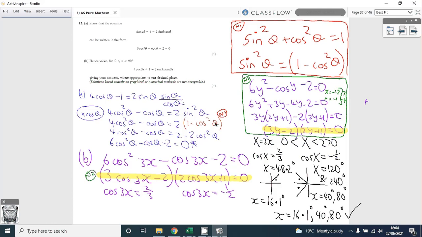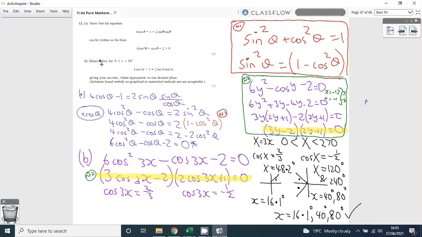Then everything will be cos theta. Looking at the bit in red, because sin squared theta plus cos squared theta equals 1, rearranging that, sin squared theta equals 1 minus cos squared theta. So going from this line to this line, I've just replaced the sin squared theta with 1 minus cos squared theta. Then I've multiplied out the bracket on the right hand side, set it equal to 0, and we get what we have to solve.